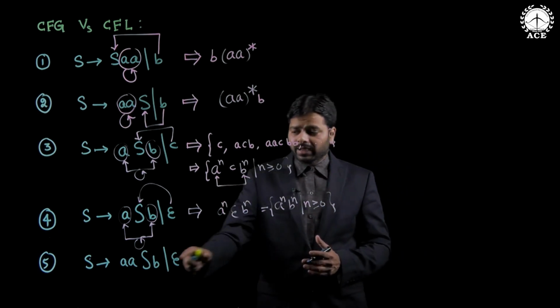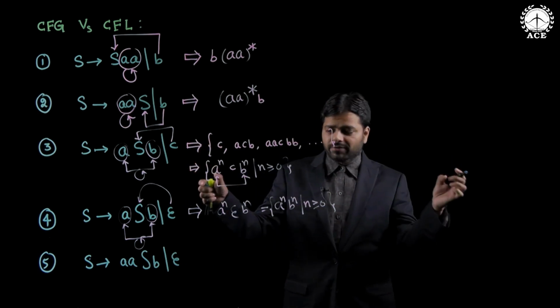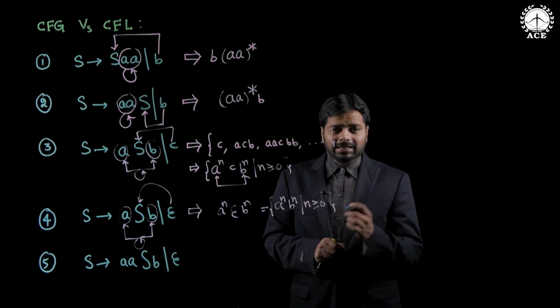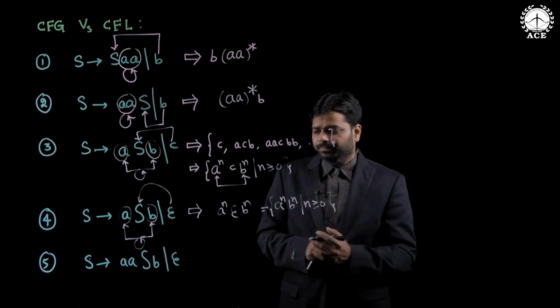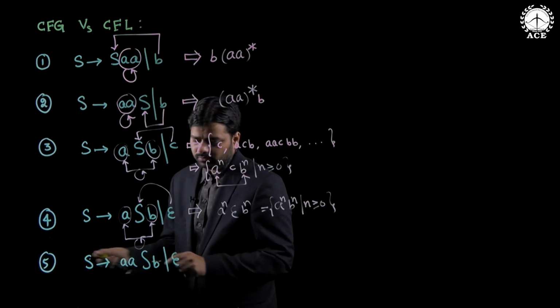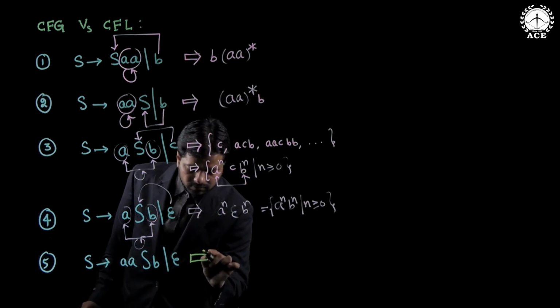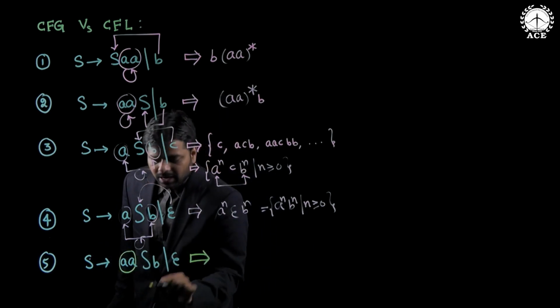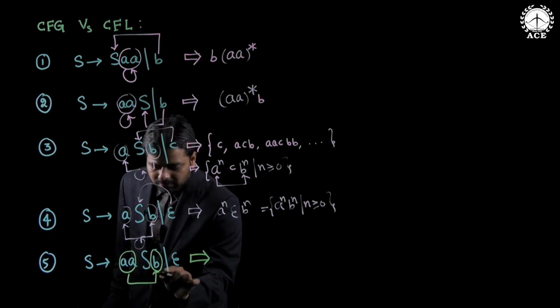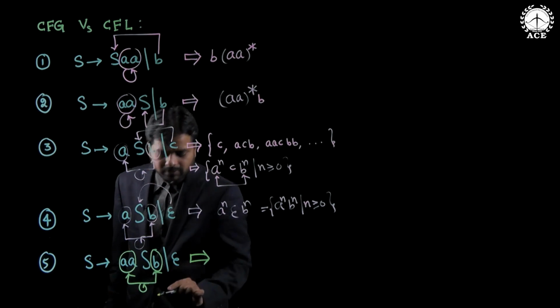Now before S we have a double A, after S we have a B. So treat double A as some term like X, then X power n, nothing but double A power n. So how do you deal with that now? Assume double A as one term before S, then these two terms are going to have same count.